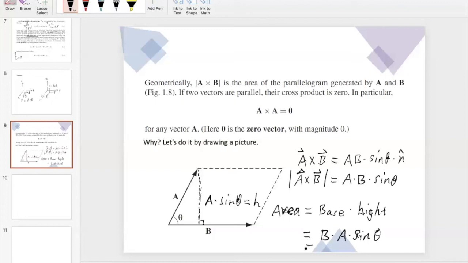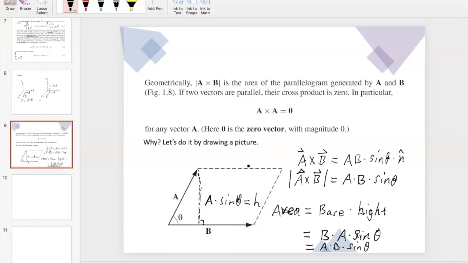So finally, it equals BA sine theta, or AB sine theta. So that's why we said geometrically the magnitude of A cross B is the area of the parallelogram generated by A and B.